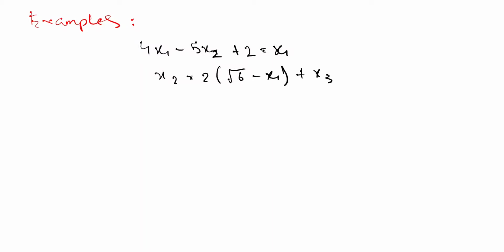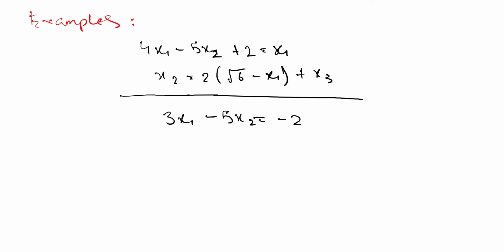They both are linear equations because we can rearrange them. The first one as 3x1 minus 5x2 is equal to minus 2, and the second one as 2x1 plus x2 minus x3 is equal to 2 times the square root of 6.